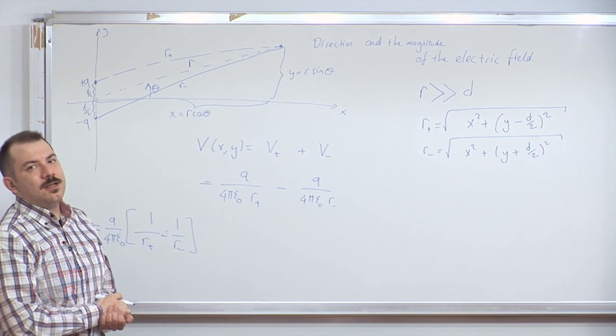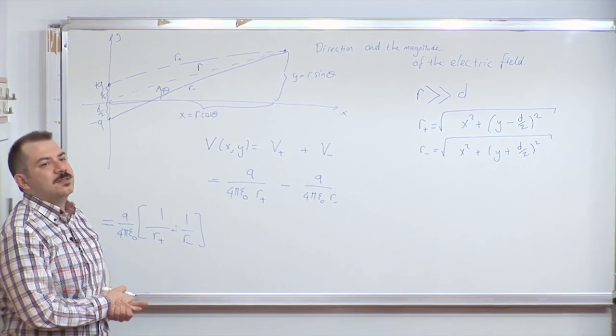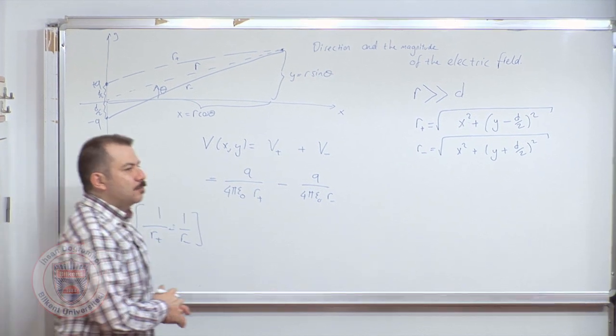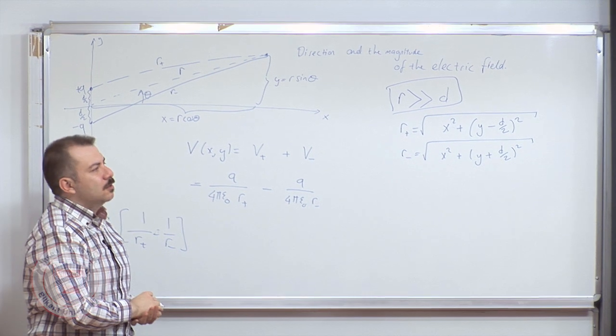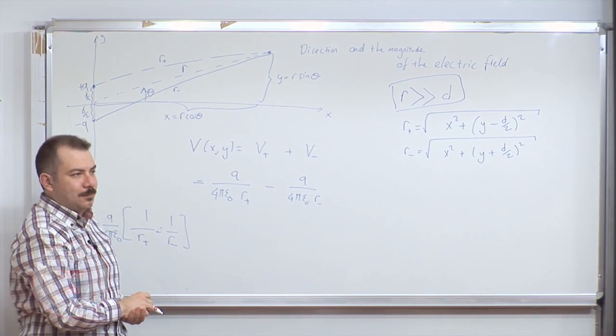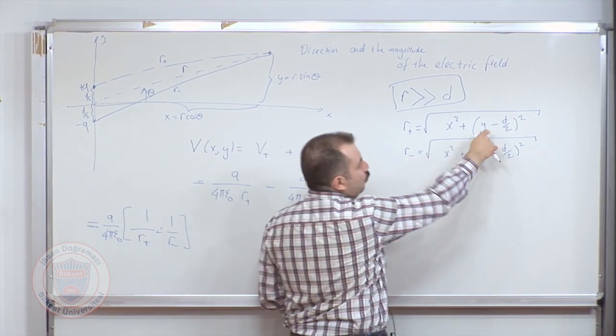Now, here is the thing though. I don't really want the full expression. The problem specifically asks me to consider r being much, much larger than d. So let me expand both of these things.